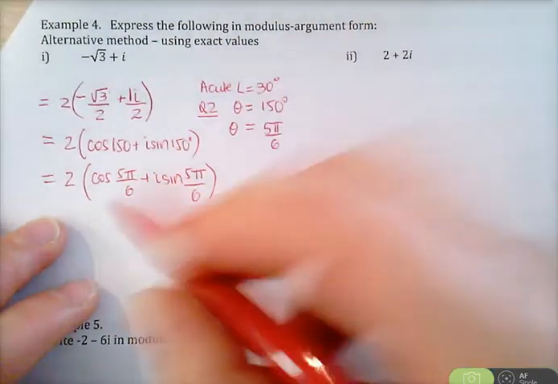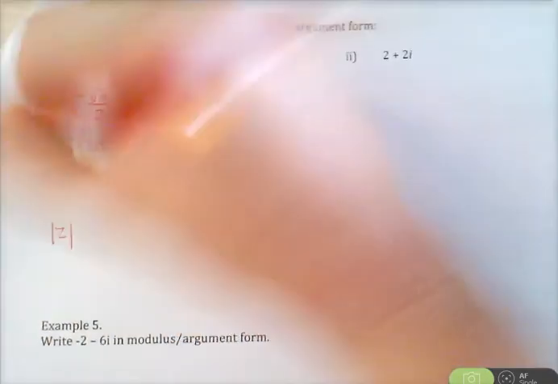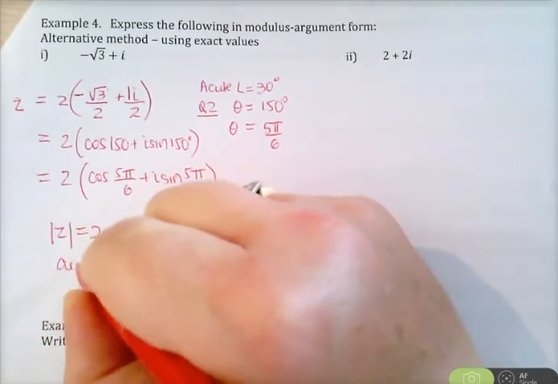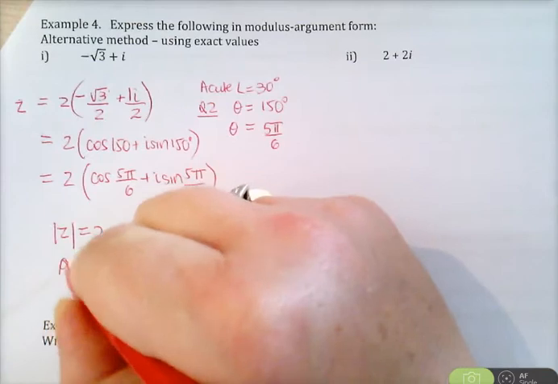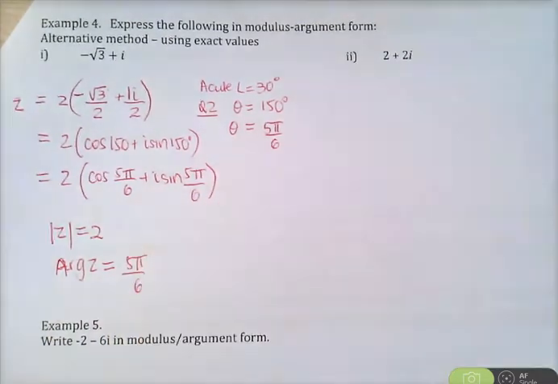So we can see that the modulus of z, if z equals our complex number, is 2, and the argument of z, I should put a capital A there because it's the principal argument of z, is 5 pi on 6.